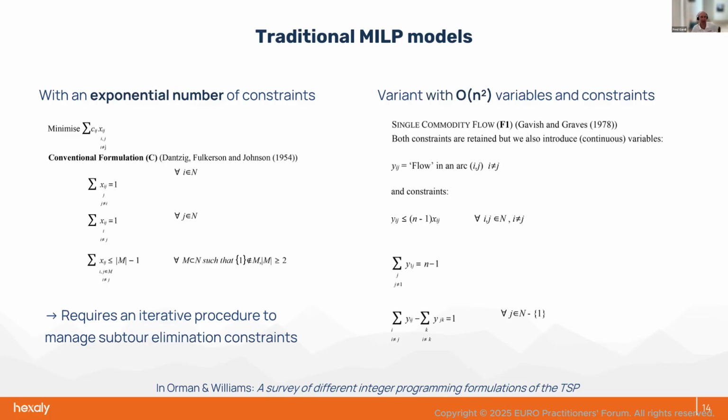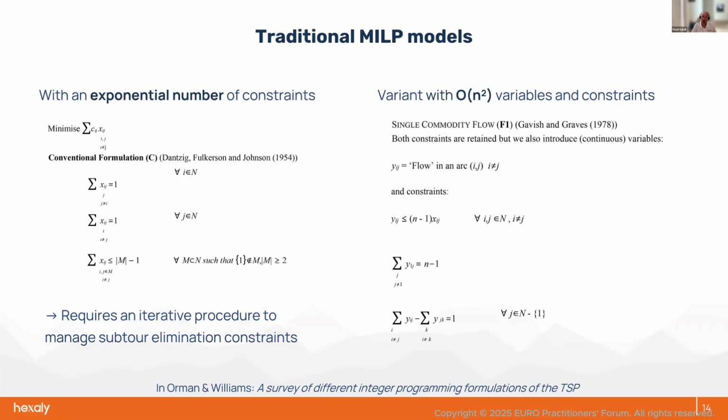So this is the seminal Dantzig, Fulkerson, and Johnson formulation back to '54, but it's still what is used a lot in practice. This is the formulation where you have a 0-1 variable for each edge. So you will select the edge in the tour, and you express the constraints, the subtour elimination constraints.